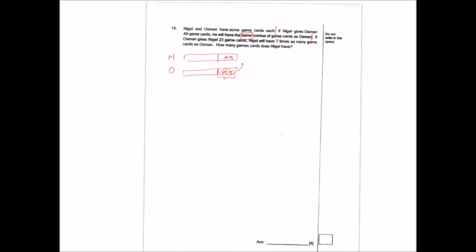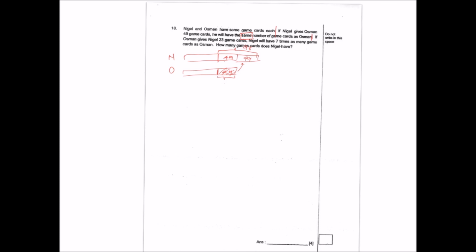Alright, and then when you transfer back 49, you're going to draw back 49 here. So actually what this means is that Nigel at first would have 98 more than Osman. Alright, 98 more than Osman. Okay, so that is the first clue. Alright, so the first two sentences is there just to tell us that Nigel has 98 more than Osman.